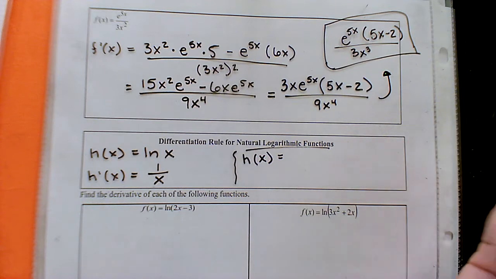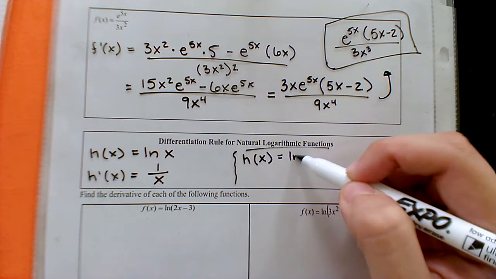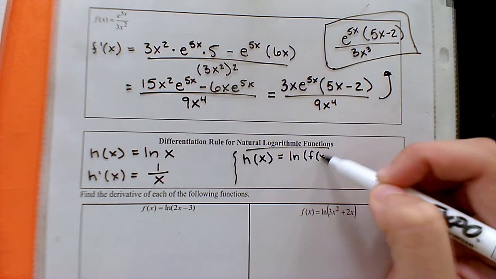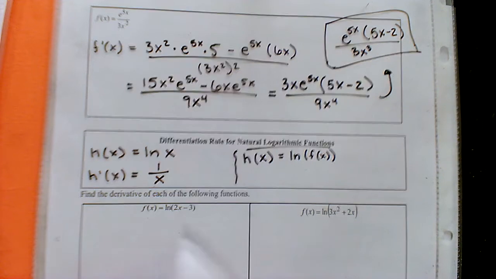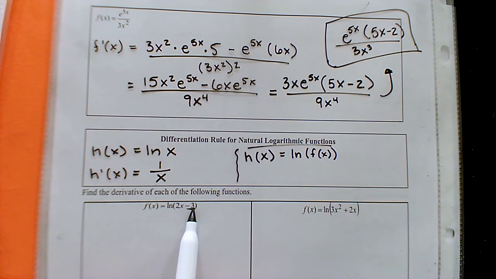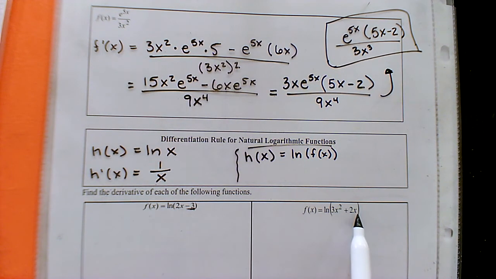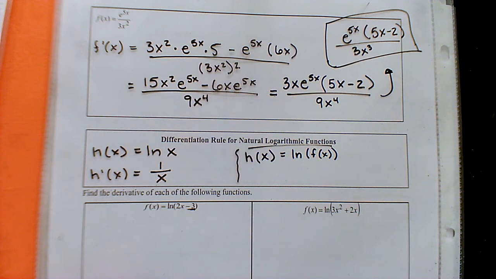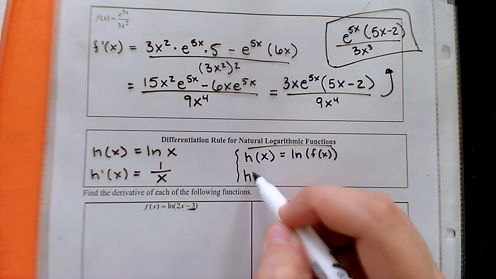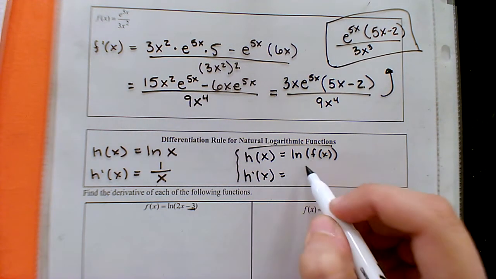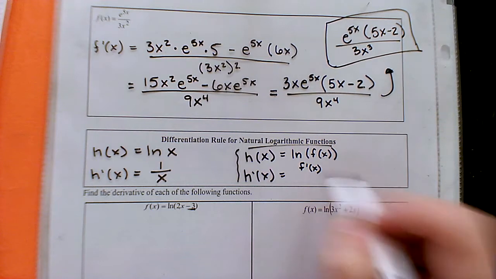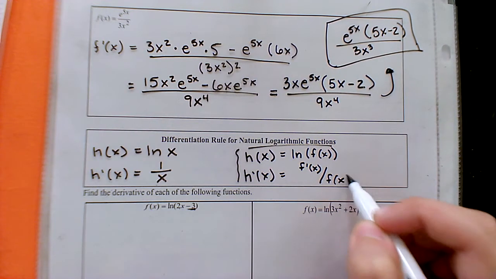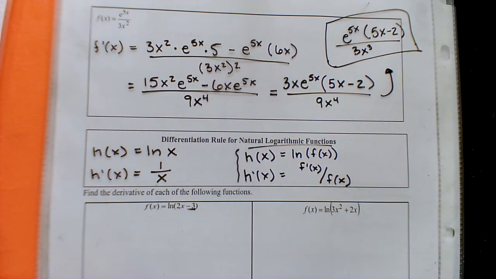What does get tricky is if we want to take the natural log of a function, for instance, 2x minus 3, or 3x squared plus 2x, something a little bit more involved. The derivative is the derivative of the inside over the inside.